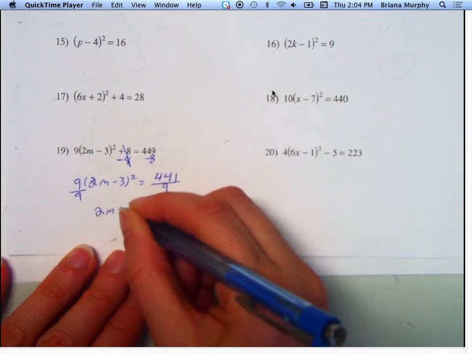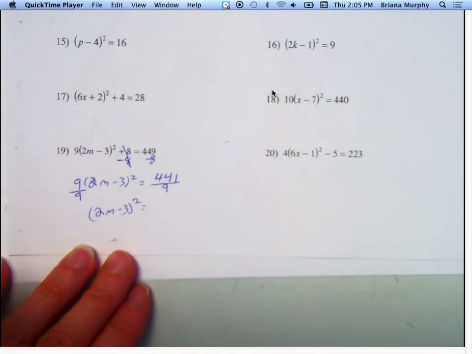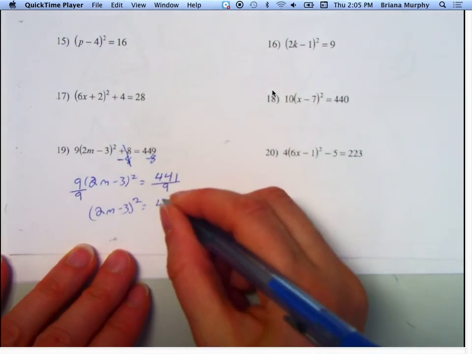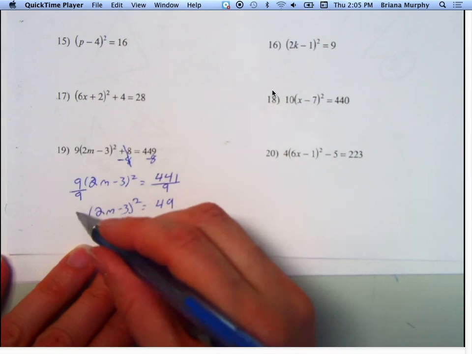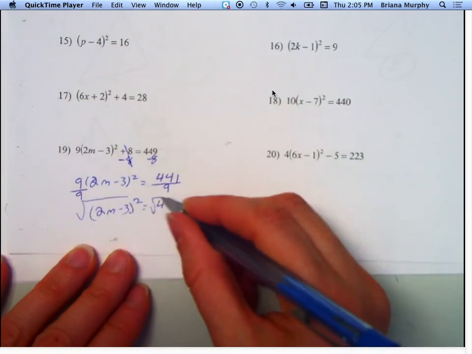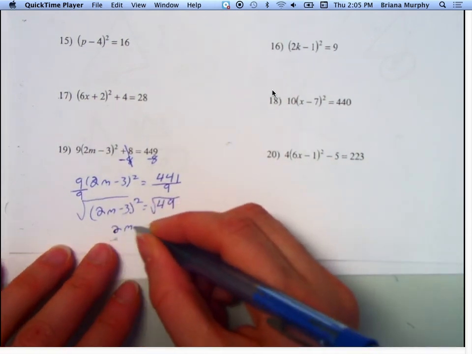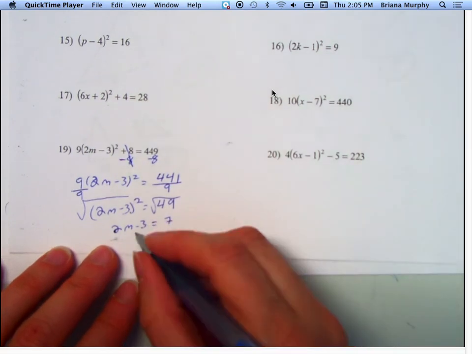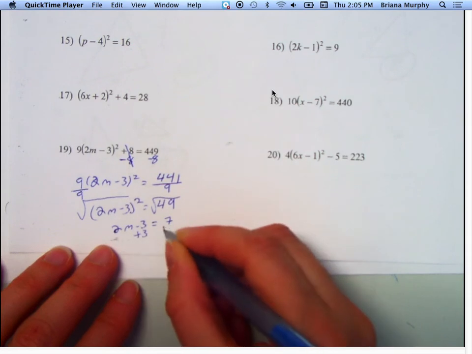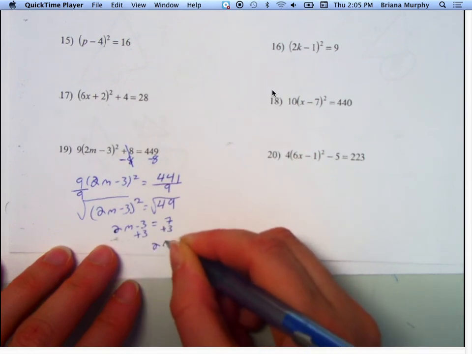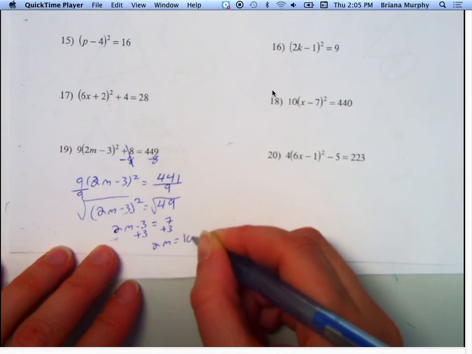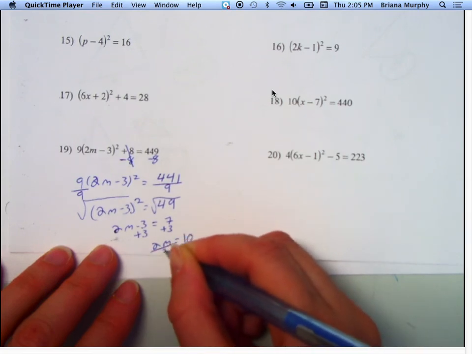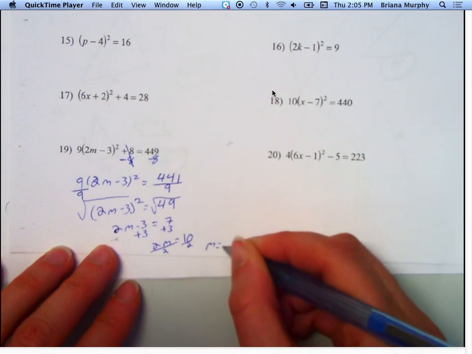So I get 2m minus 3 squared equals 49. And now I'm going to take the square root. So I get 2m minus 3 equals 7. And then I'm going to add 3 to both sides. So 2m equals 10. And then I'm going to divide both sides by 2. And m equals 5. What did I forget to do?